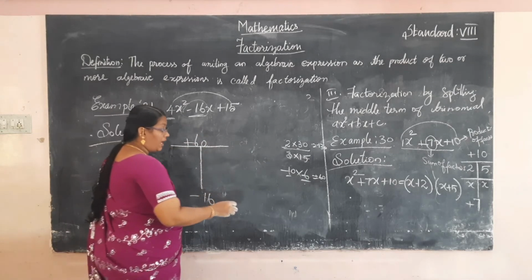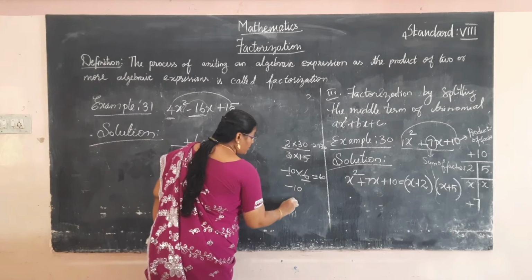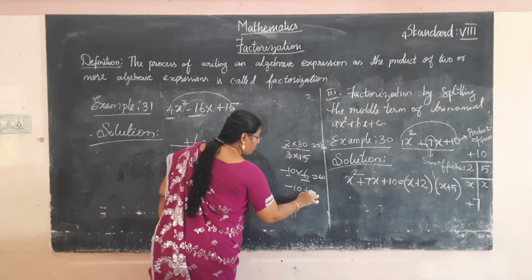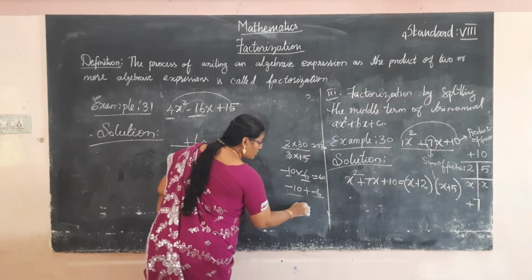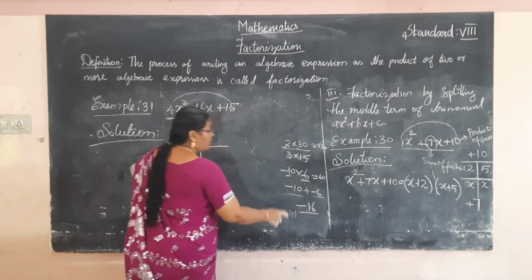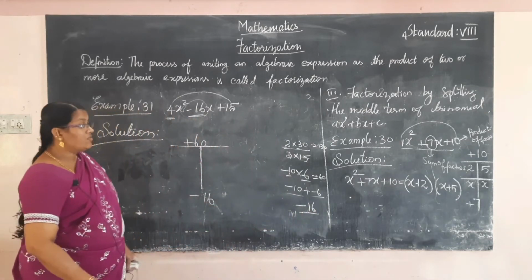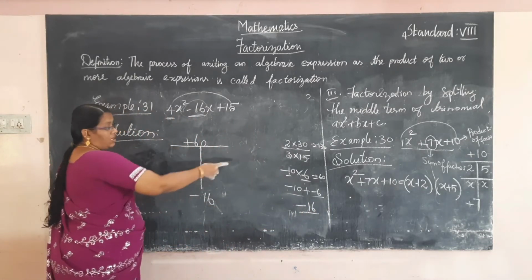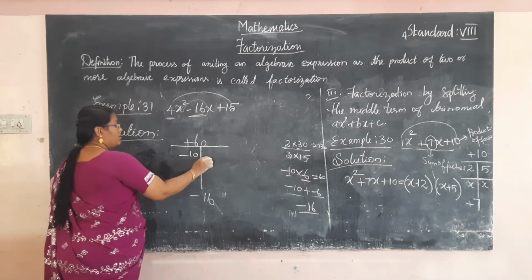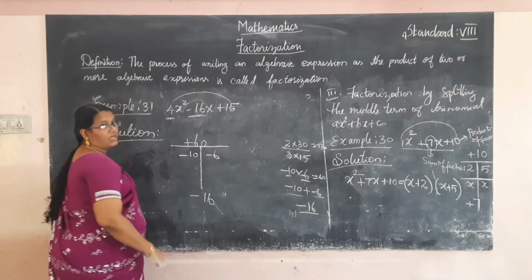At the same time, what do we get for the sum of the factors? Minus 10 minus 6, both having the same sign, so add and put the same sign. So which factors satisfy the given statement? Minus 10 and minus 6.